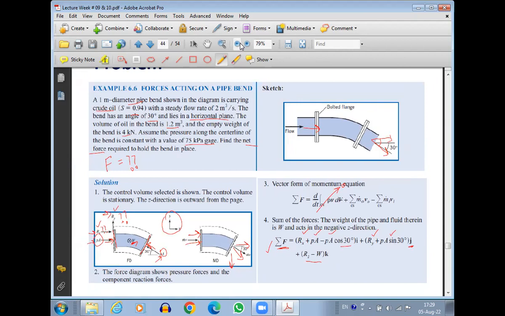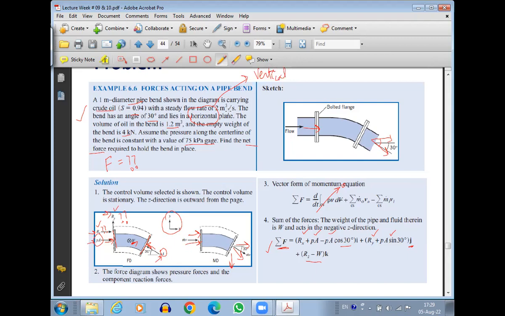Now think about one thing. If I provide the same problem, no change in the problem statement, but there is only one small change I make: instead of writing horizontal plane, I just use the word vertical.